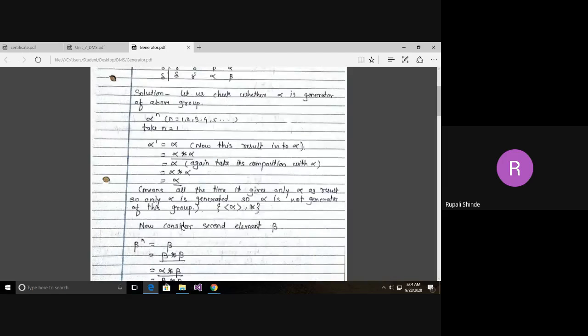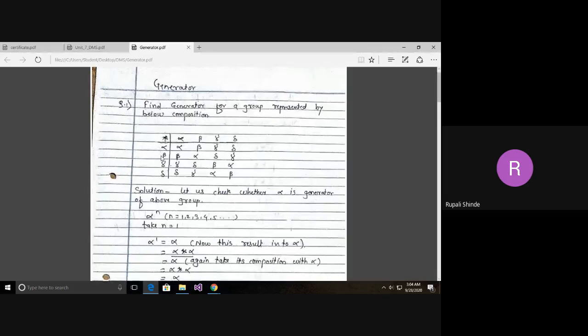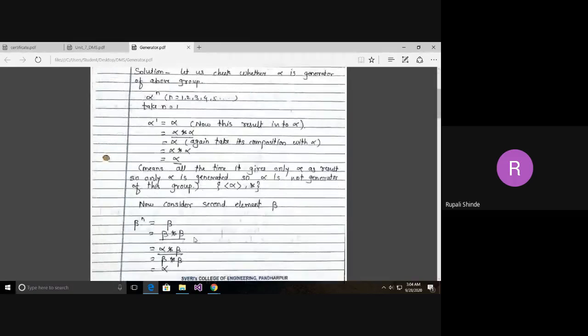Now what is the value for this beta star beta? Again you need to find this table beta star beta, and that answer is alpha. Okay, so here for this step we got answer as alpha. So again we have to take its composition with beta. So alpha star beta.